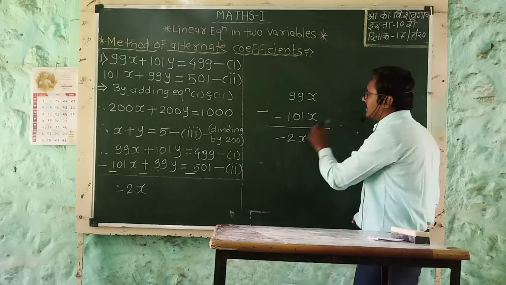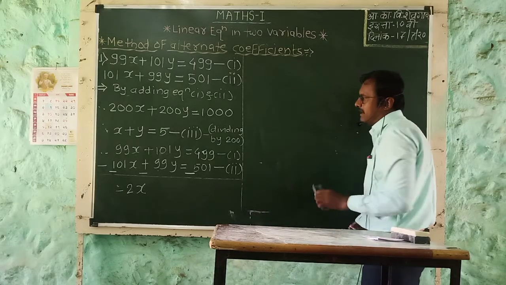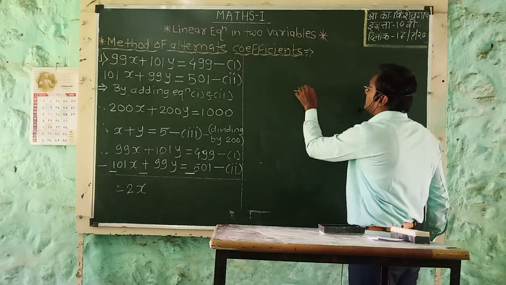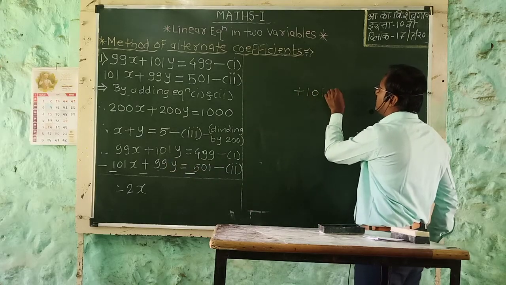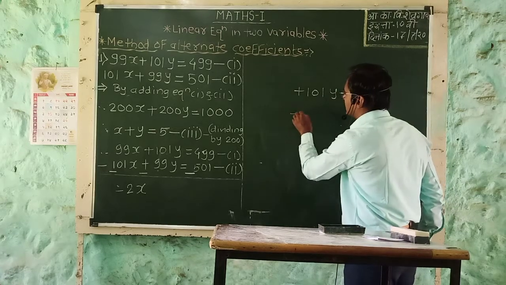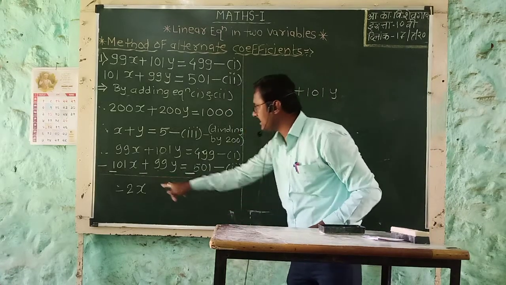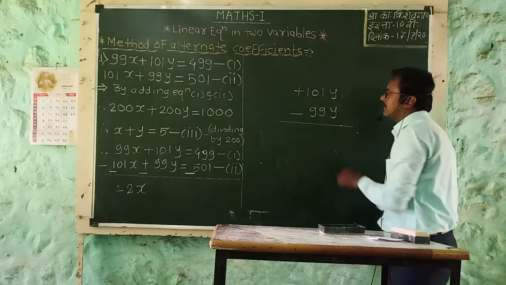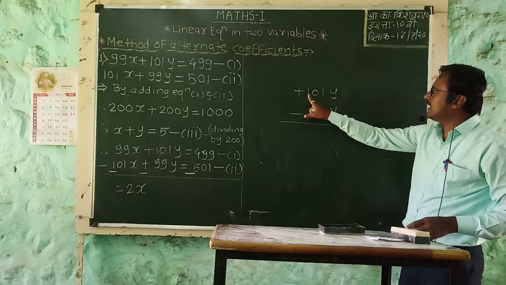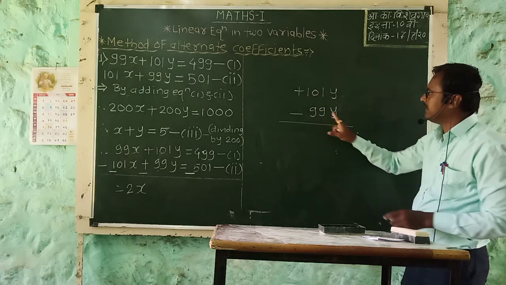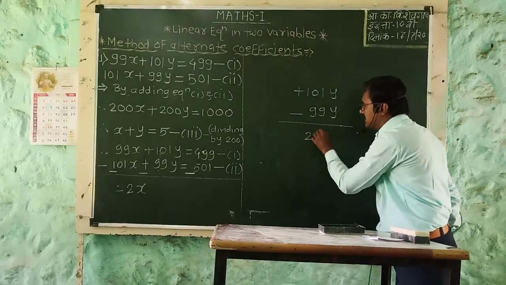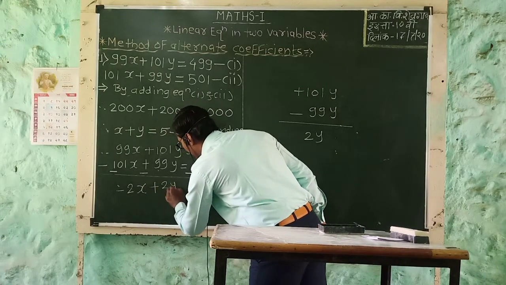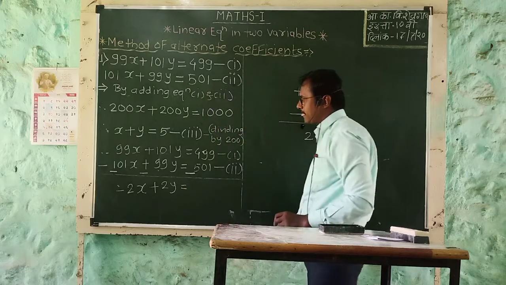In case of variable y, the terms are 101y minus 99y with the change in sign convention. 101 minus 99 gives you 2, y as it is, so you have plus 2y is equal to.